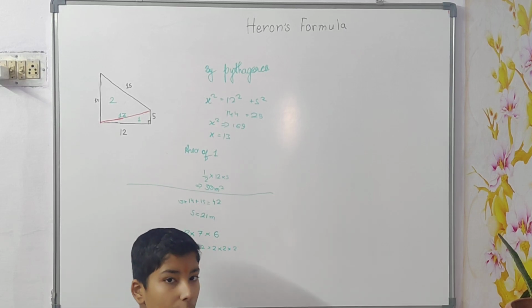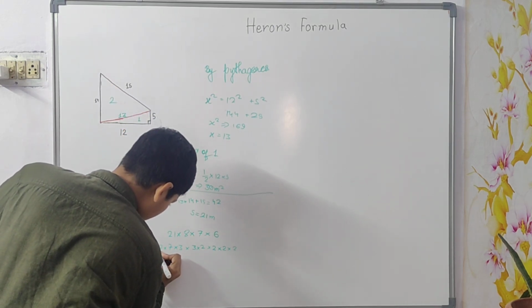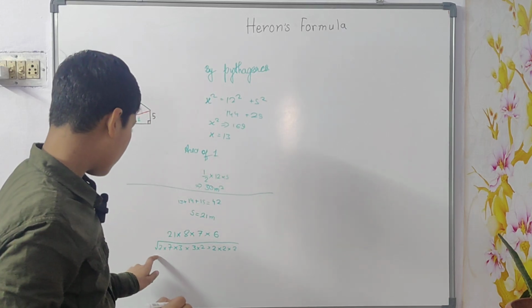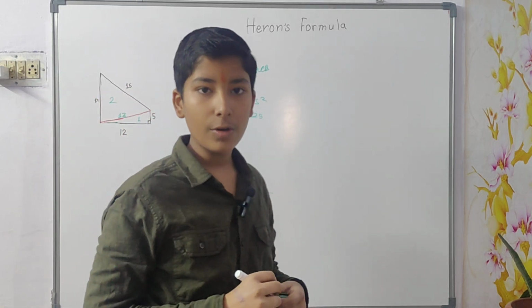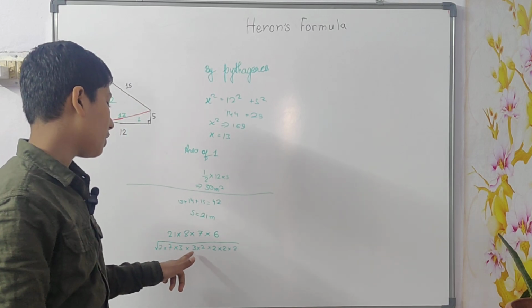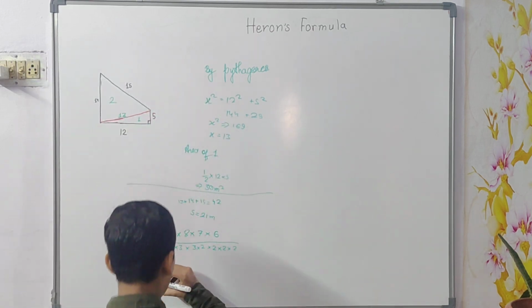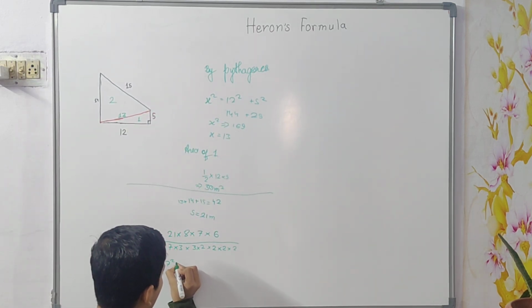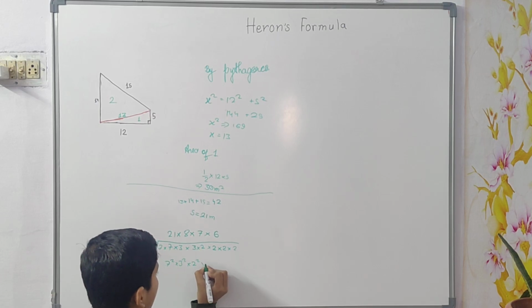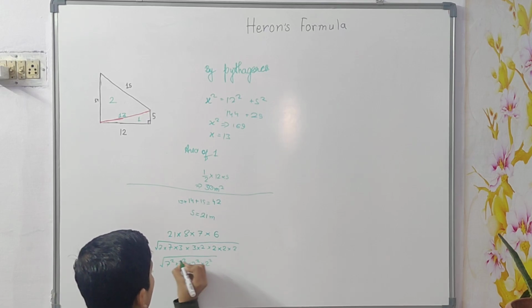Now if you see it, it is in root. As you all know, we can write it as 7 square into 3 square into 2 square into 2 square, all under root.